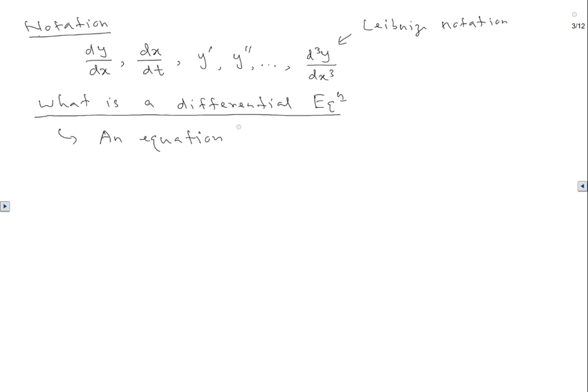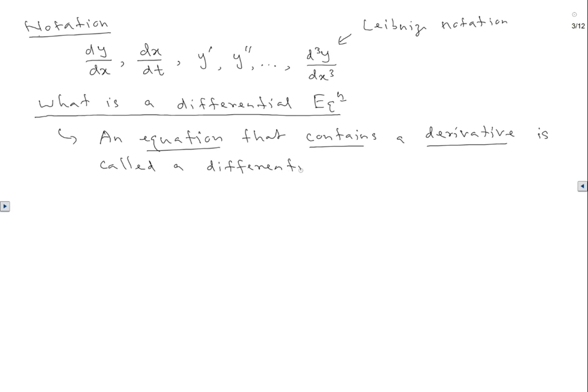An equation that contains a derivative. That's it. An equation, it has to be an equation, that contains a derivative is called a differential equation.